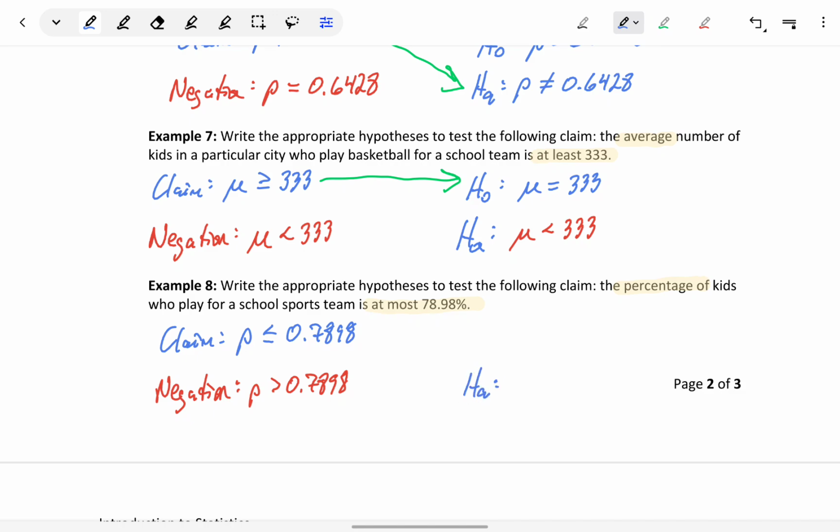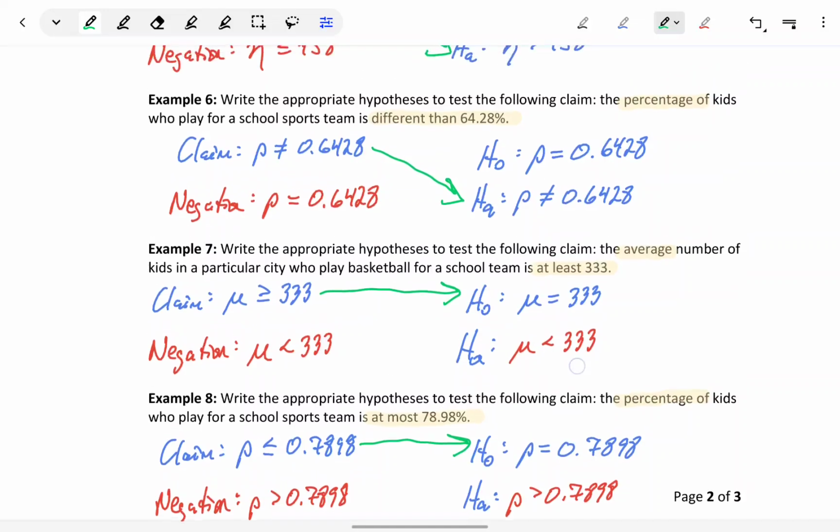Our alternative hypothesis is always the statement with the strict inequality. And our null hypothesis will be, in this case, the claim rewritten with an equal sign. And again, we see the claim corresponding to the null hypothesis.